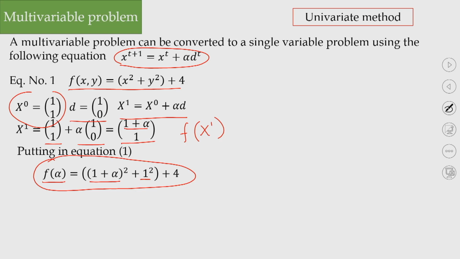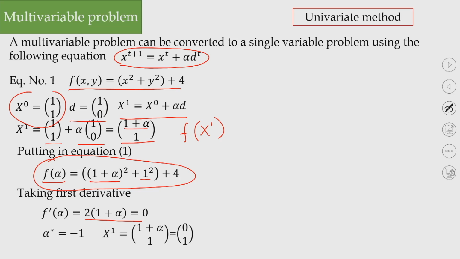But as I am showing the hand calculation, what I will do? I will take the derivative, that means I will apply the necessary condition. The necessary condition is that the first derivative should be 0. If I apply the necessary condition, then it will be 2(1 + alpha) = 0, and if I solve it, I am getting alpha star equal to minus 1.